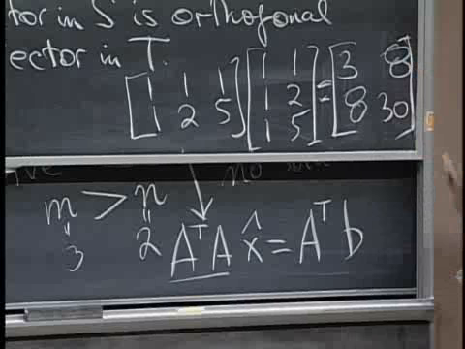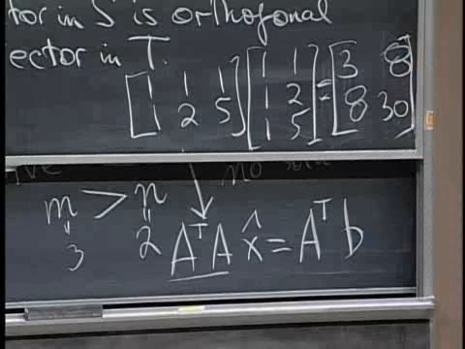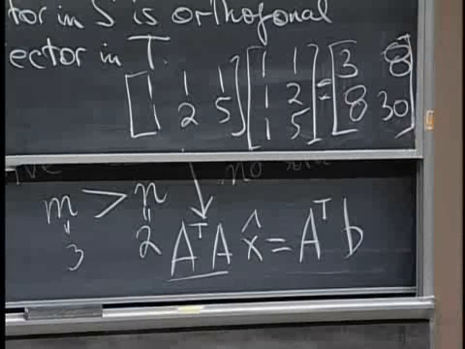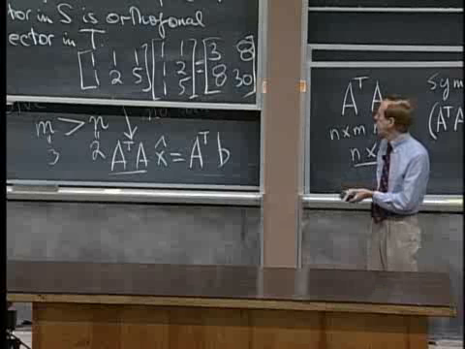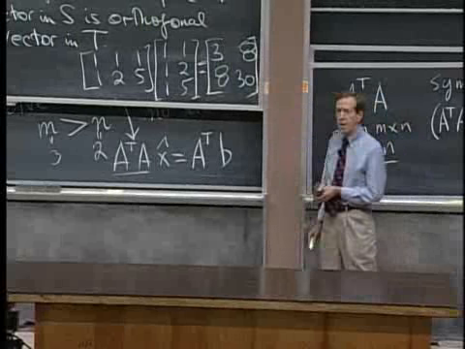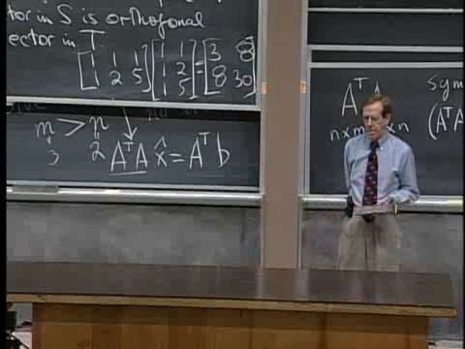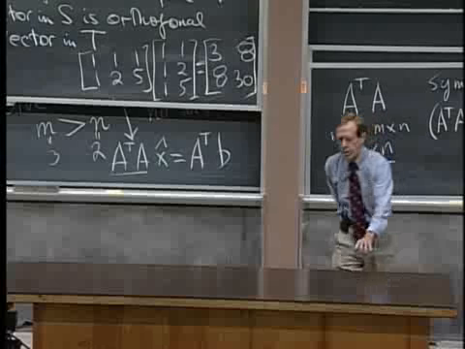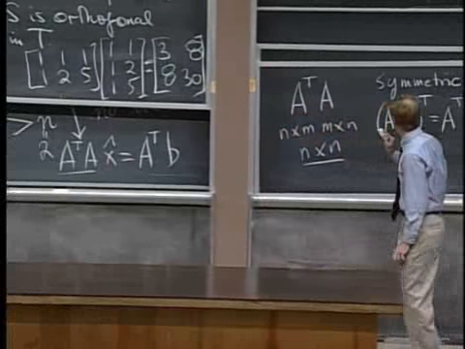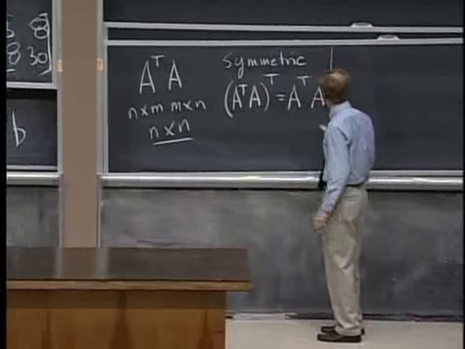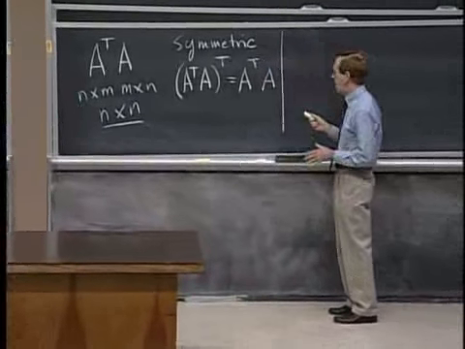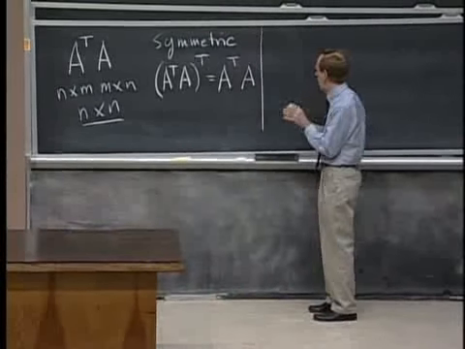And is that matrix invertible? There's A transpose A. And it is invertible, right? 3, 8 is not a multiple of 8, 30, and it's invertible. And that's what I expect. So here's the key point.